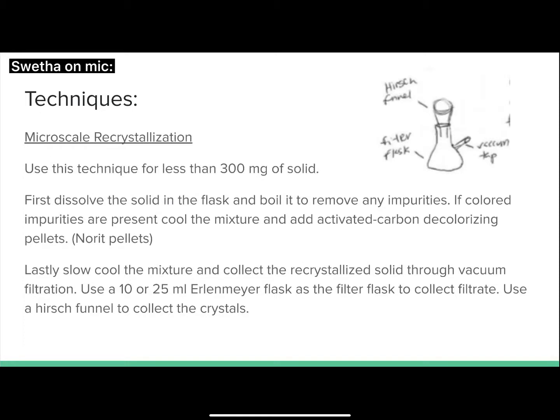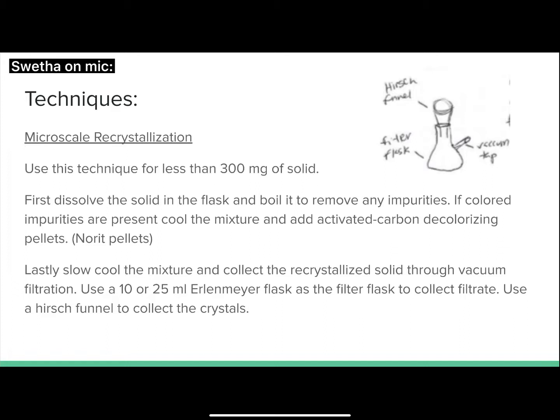The first technique being employed in this experiment is microscale recrystallization. Use this technique for less than 300 milligrams of solid. First, dissolve the solid in the flask and boil it to remove any impurities. If colored impurities are present, cool the mixture and add activated carbon decolorizing pellets, norit pellets.